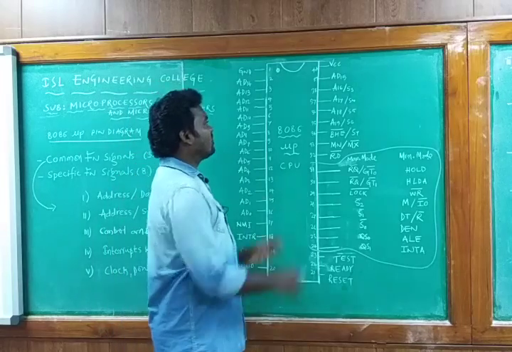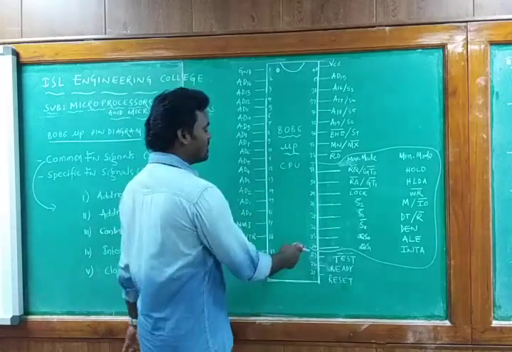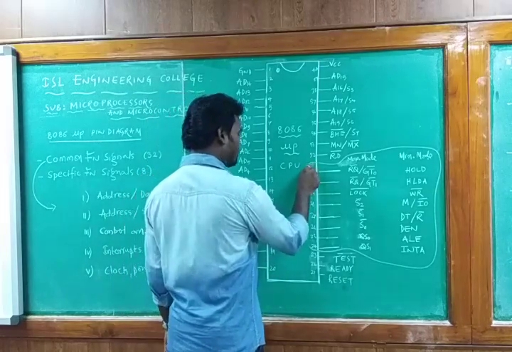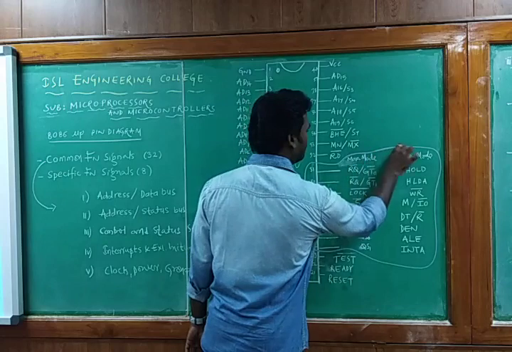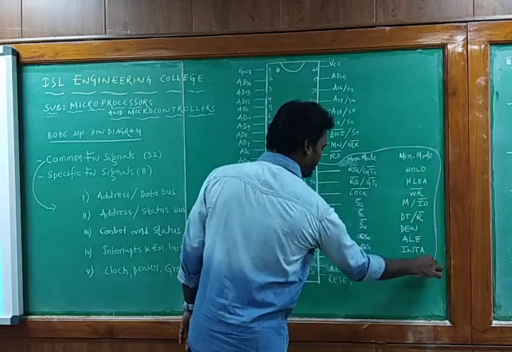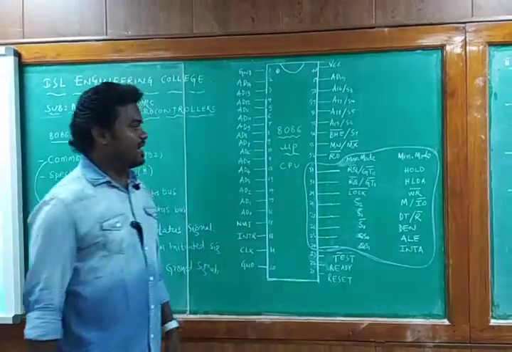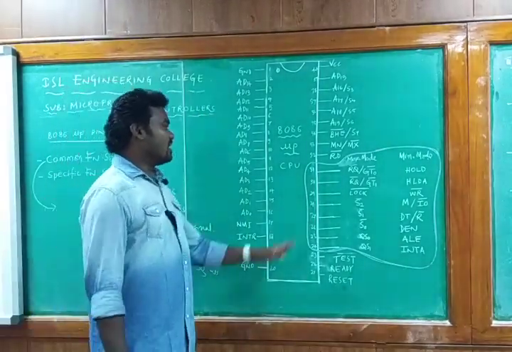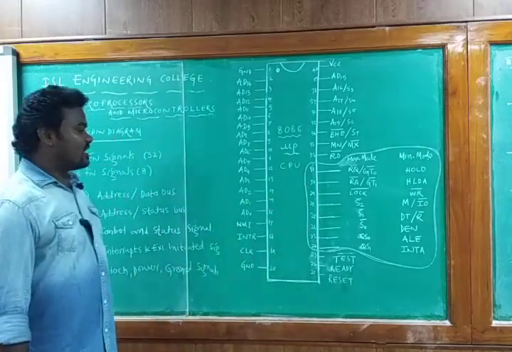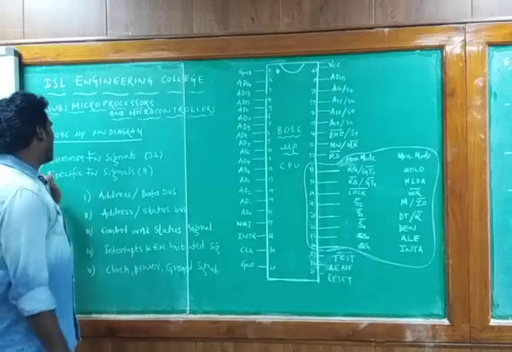So out of the 40 pins of the 8086 microprocessor, pins 24 to 31 serve very specific, very different functions in the maximum mode and the minimum mode of operation. These 8 pins serve the specific functions and the remaining 32 pins serve the common function.